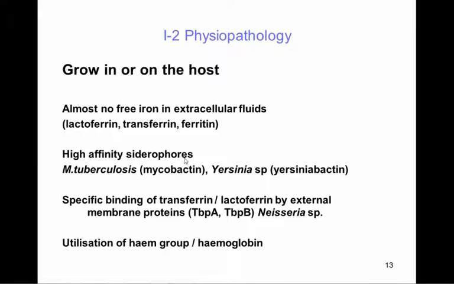They're not doing this just to kill us. They don't really want to hurt us. They just need iron, poor little things. Okay, so that's why they're doing this. So who uses hemoglobin? Vibrio cholerae, other species of Yersinia, and Pseudomonas aeruginosa.